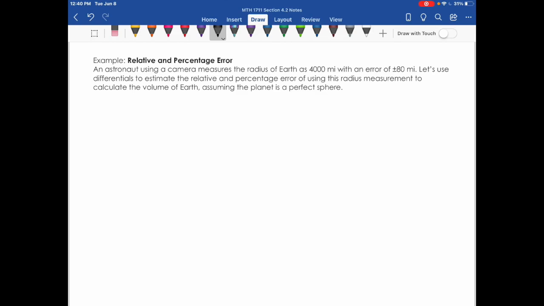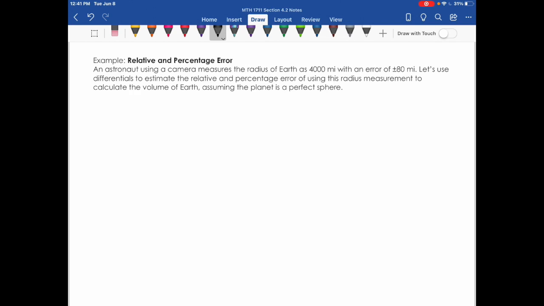So this example reads, an astronaut using a camera measures the radius of the Earth as 4,000 miles with an error of plus or minus 80 miles. We're going to use differentials to estimate the relative and percentage error of using this radius measurement to calculate the volume of the Earth, assuming that the planet is a perfect sphere.